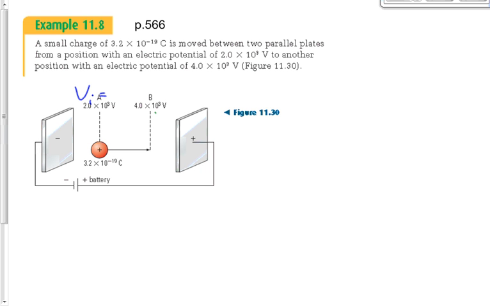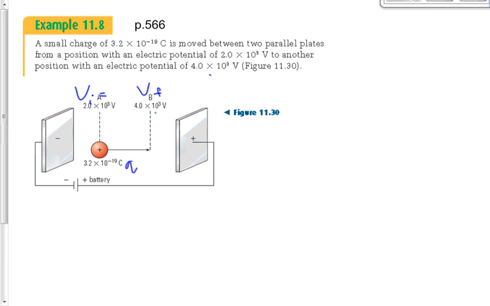The potential, that's what we start with. Not potential energy, that would be E. Not potential difference, that would be the difference in potential between two spots. The initial potential is 2 times 10 to the 3. It goes to another position with a different potential of 4.0 times 10 to the 3. That's going to be VF, the final potential. Again, not potential energy, just potential.